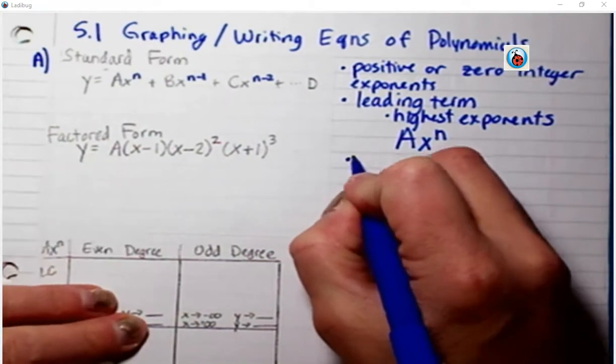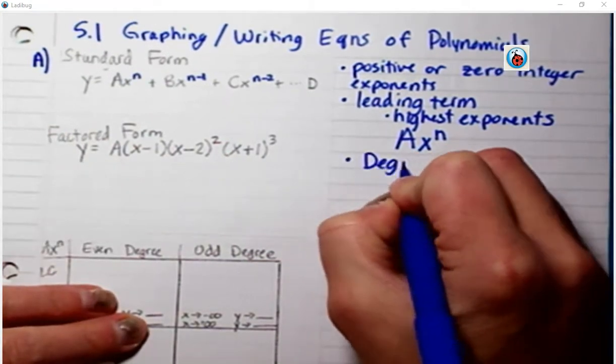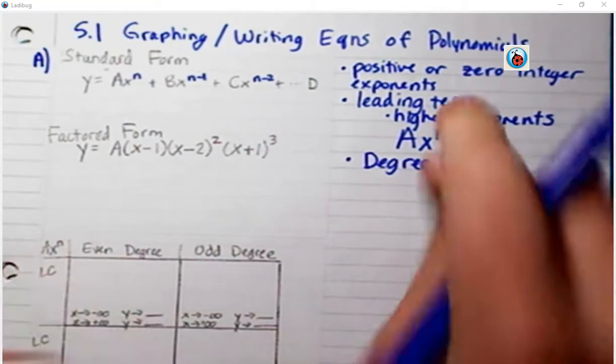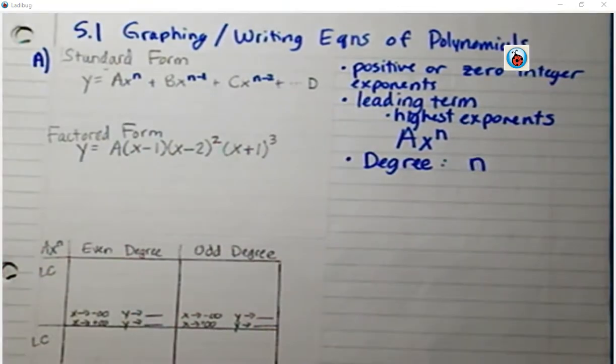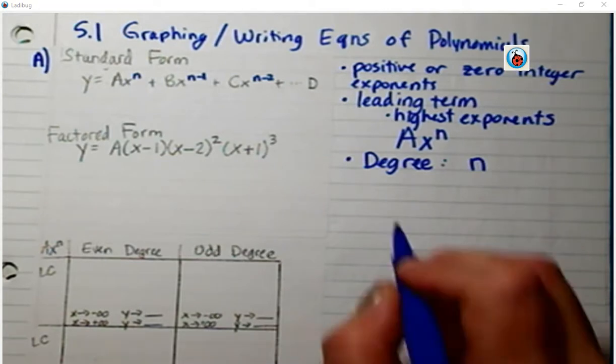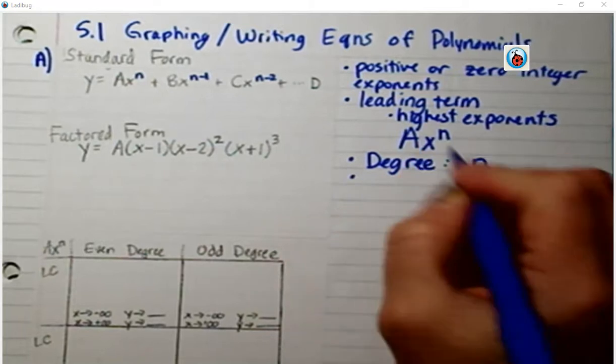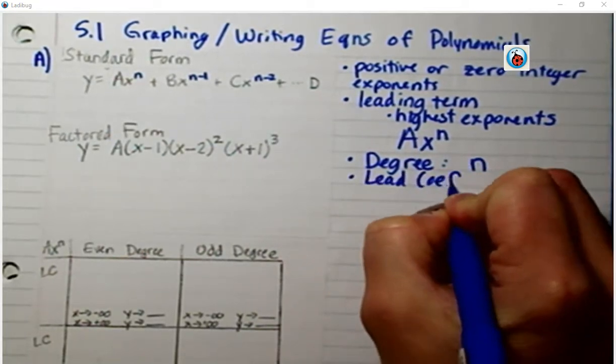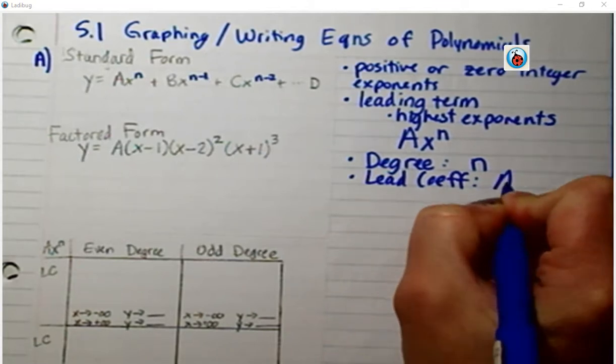So that's your leading term. The degree is n, which corresponds to the leading term. And what goes along with this is the leading coefficient, which is a.